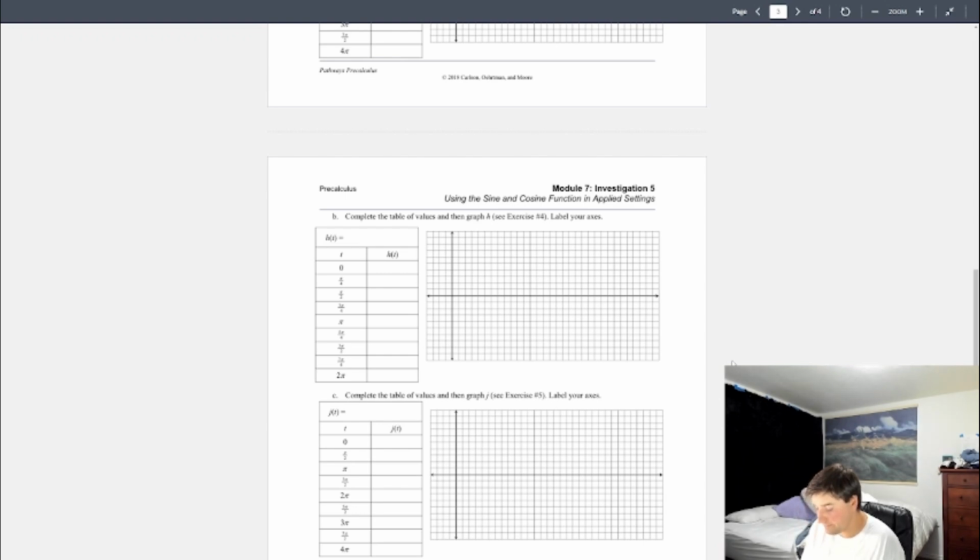Oh, interesting. It's not changing the radius, it's changing the radius length, which therefore means the speed.